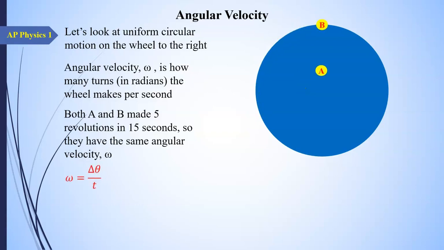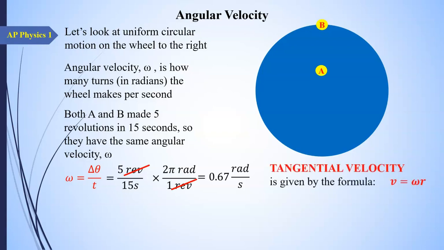So omega equals change in theta over time. So it's 5 revolutions in 15 seconds. Again, convert to radians. 2 pi radians is 1 revolution. That cancels, and you get 0.67 radians per second is the angular velocity of both of those. Both A and B have the same angular velocity.